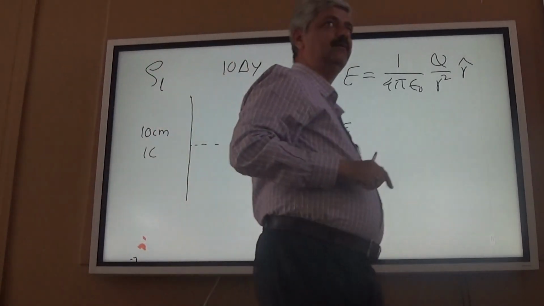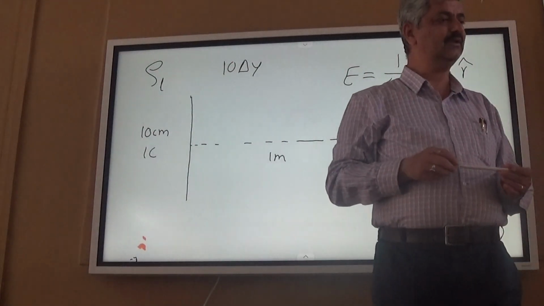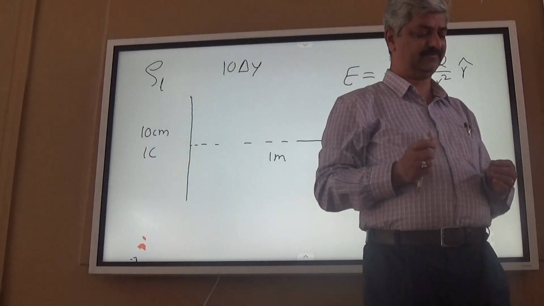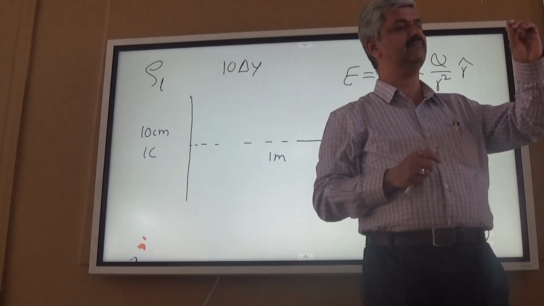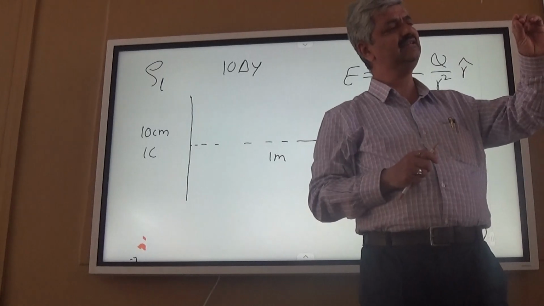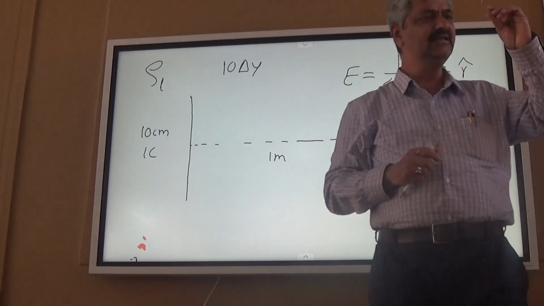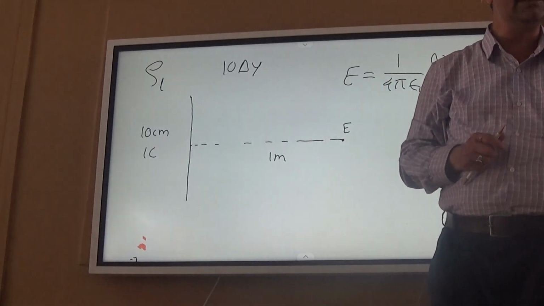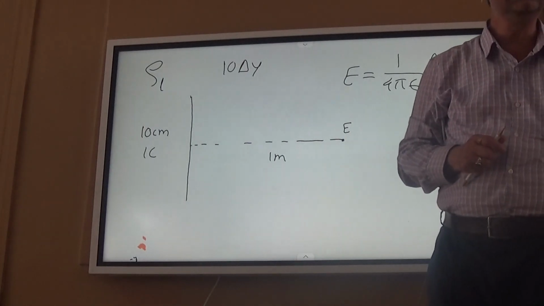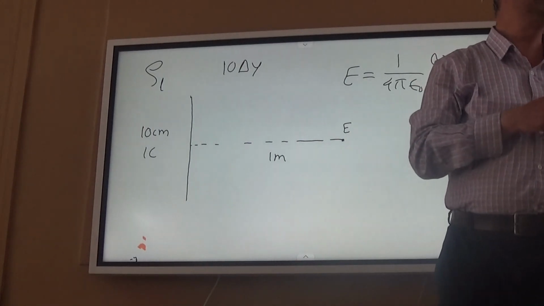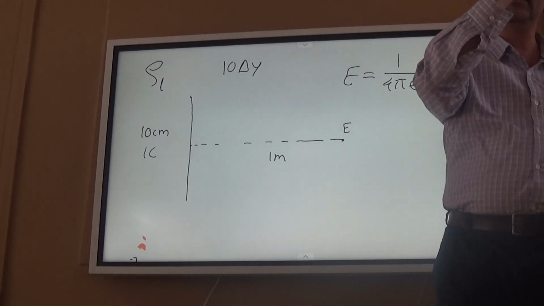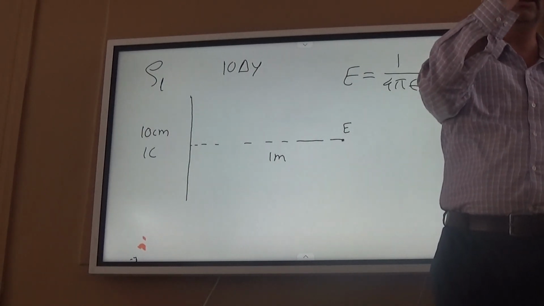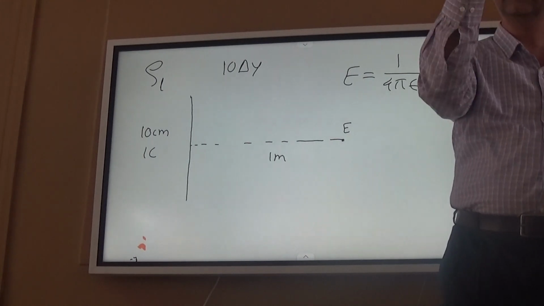So can I say that a segment of 1 millimeter length is as good as a point if I am at 1 centimeter length from it? Are you getting me? A 1 millimeter small segment is there. From 1 centimeter, it will look like a segment.